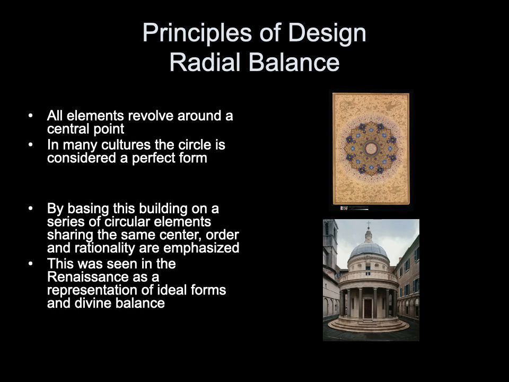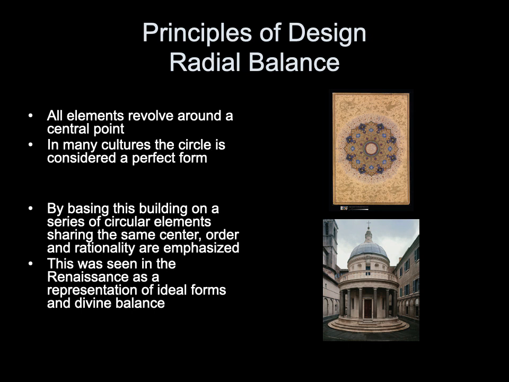Another type of balance that we have is radial balance. All elements revolve around a central point. In many cultures, the circle form is considered a perfect form. And so we have two examples right here. We have a sunburst inscribed with the titles of Shah Jahan from 1640.